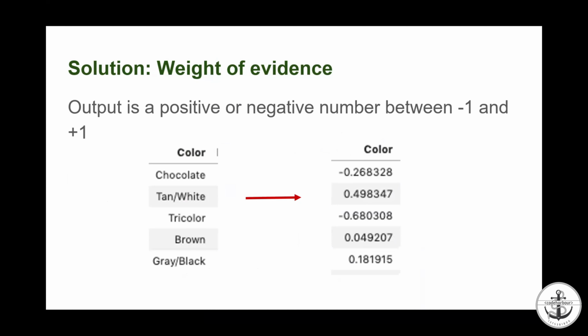You can see here that we have that mapping, so it's either a positive or negative number. It's positive if it has a positive relationship to the positive outcome, and negative if it doesn't. And you can see here that the black, that is the black cat, has a negative value, so it's captured that relationship.